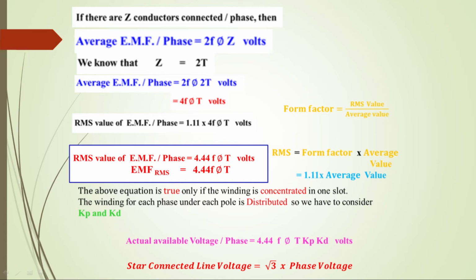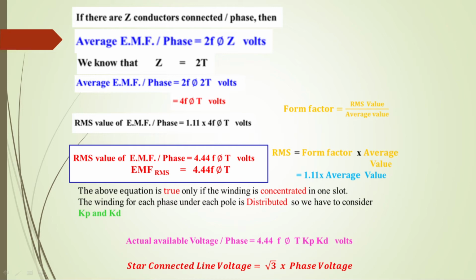So here I have written the formula. Form factor is RMS by average. RMS equal to average value into form factor. Form factor for sinusoidal waveform is 1.11. So RMS will be equal to what? 1.11 into average value.